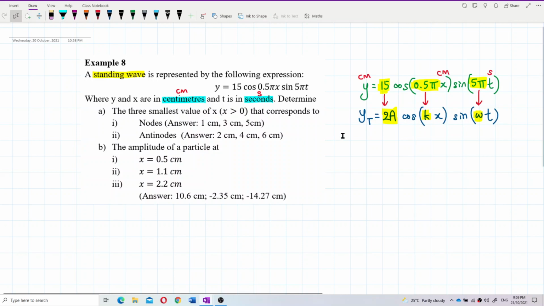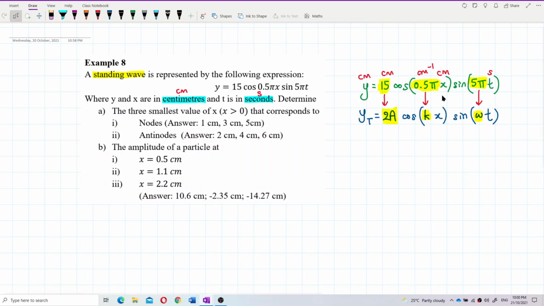So what can we say more about this? First, the displacement y is in centimeter, so the amplitude 2a will also be in centimeter. Another thing is the x position is in centimeter, so we can say the k is per centimeter.